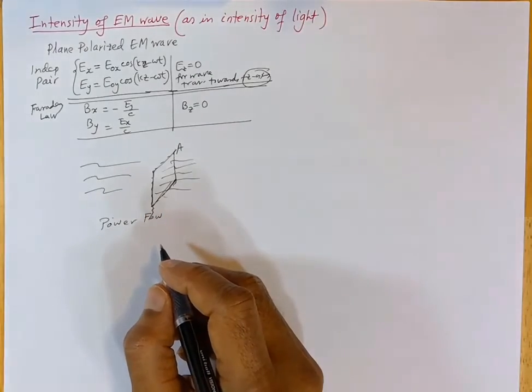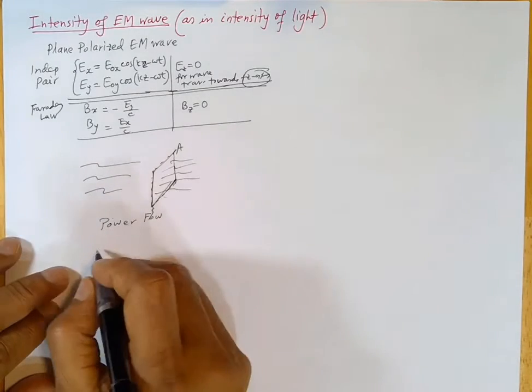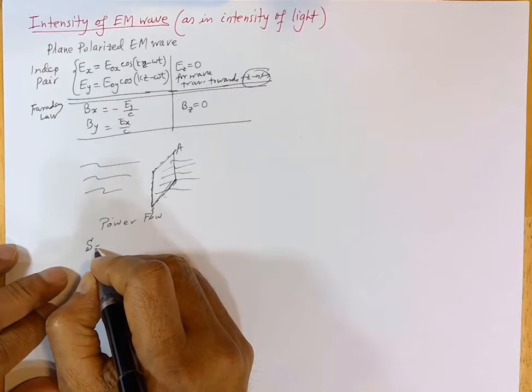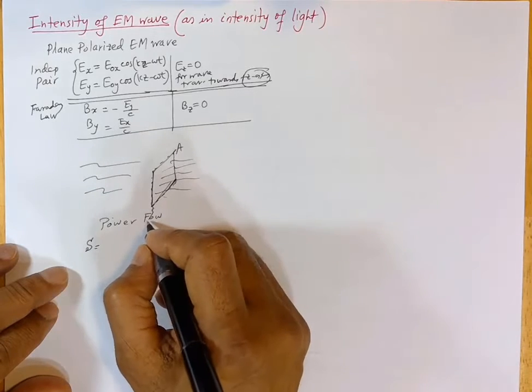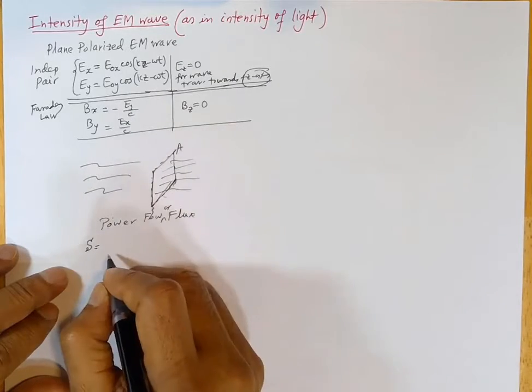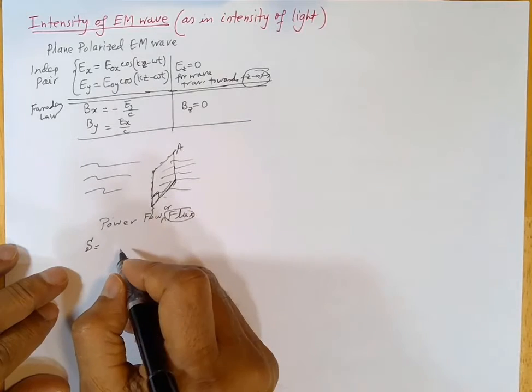So what do I do to get the power flow? You can define what we'll call S, which is also called power flux. I want per unit area, so that makes it a flux per unit area.